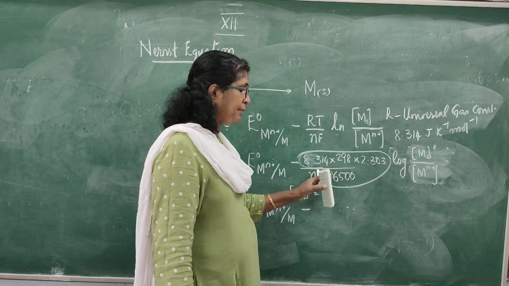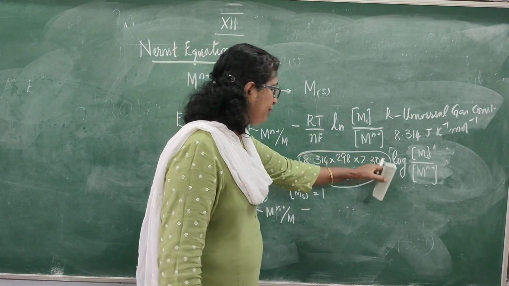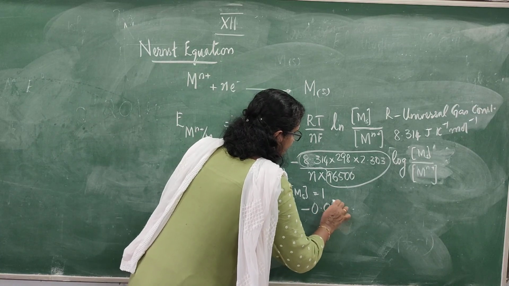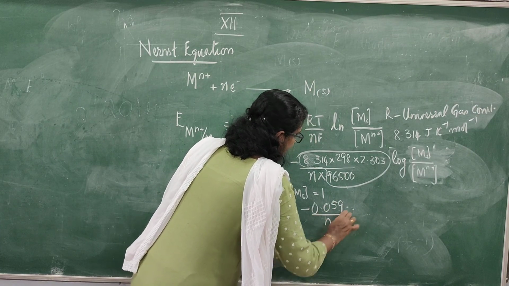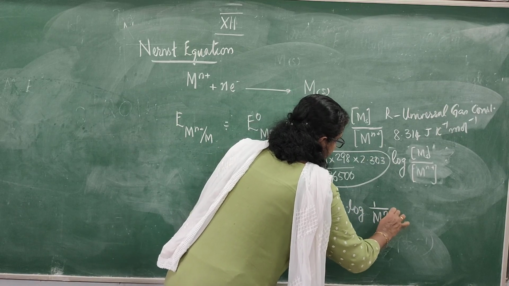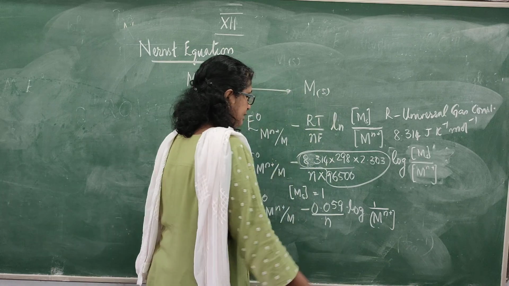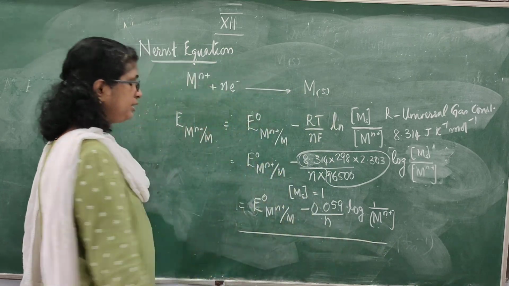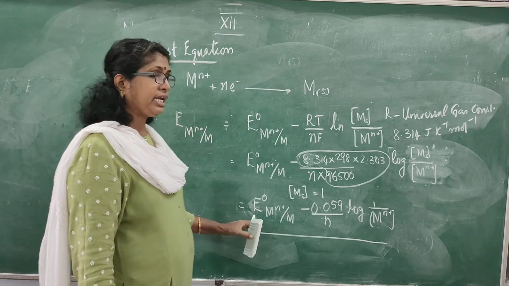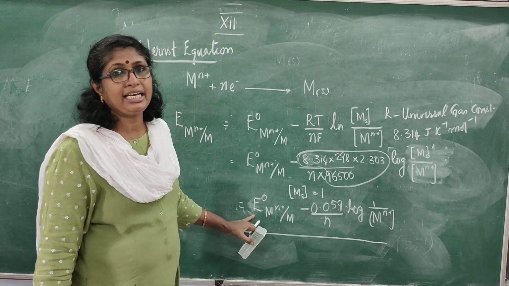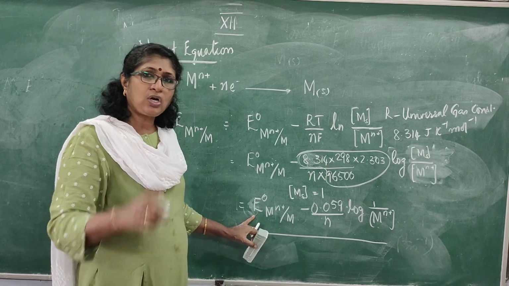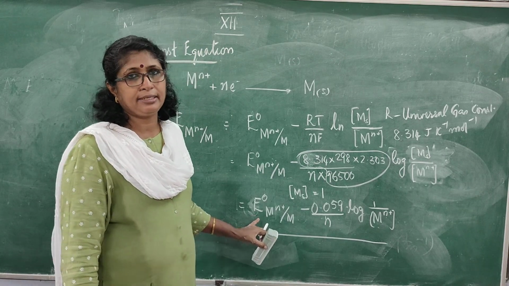If you multiply all this, you get 0.059 by n log 1 by [Mn+]. This is the electrode potential at any concentration, which you can calculate if you know the standard electrode potential. Standard electrode potential is the electrode potential when the concentration is 1 mole per liter.